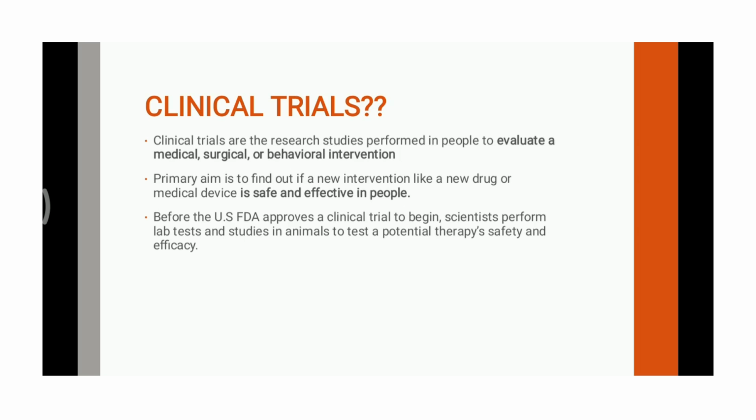Before the US FDA approves a clinical trial to begin in human subjects, scientists perform lab tests and studies in animals to test a potential therapy's safety and efficacy. So before a clinical trial begins in human beings, scientists perform lab tests and studies in animals so that the therapy's safety and efficacy is evaluated.